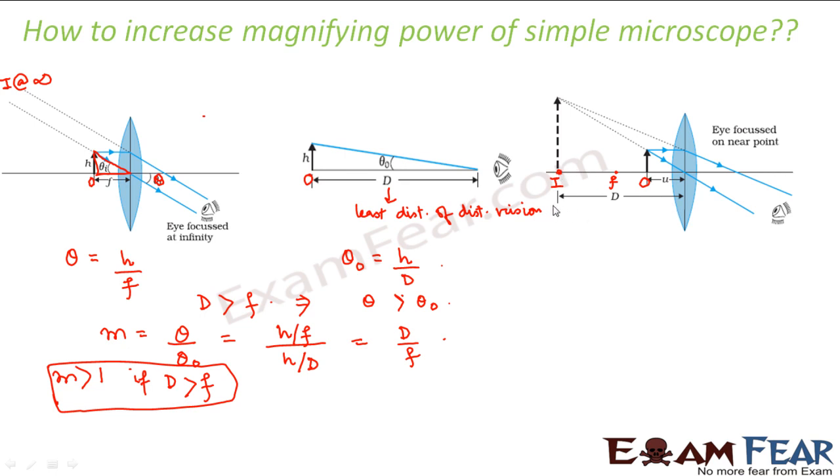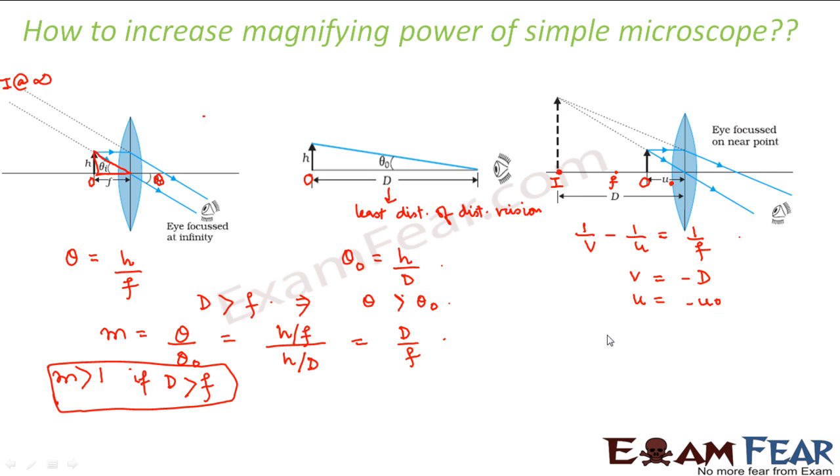So now in this case, let us try to apply the thin lens equation, that is 1 by v minus 1 by u is equal to 1 by f. Now in this case, what is v? Image is formed at a distance D, that is minus D. What is u? u is nothing but minus u. Let me say this u is u naught. So this will be u naught.